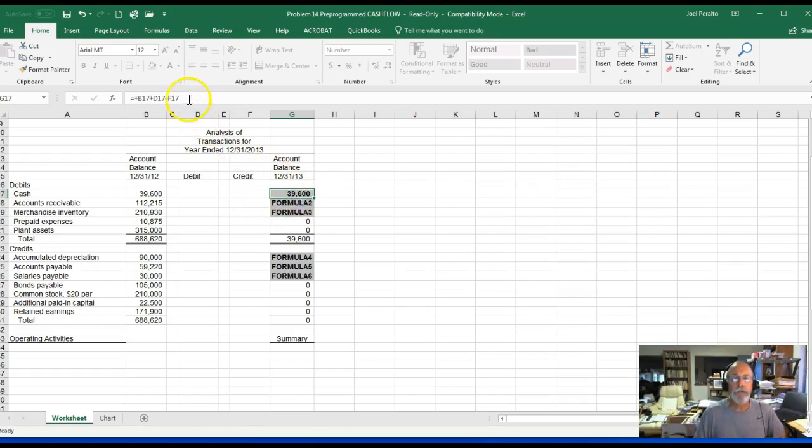Again, if you take a look up top, we start with our beginning amount, we add our debit, subtract our credit to give us our ending amount.